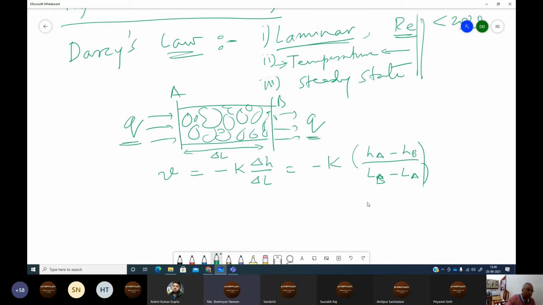Excuse me, sir. Yeah. So what is Q representing here? Q is the quantity, velocity into area. You know the unit of quantity? Meter cube per second. Volume rate.